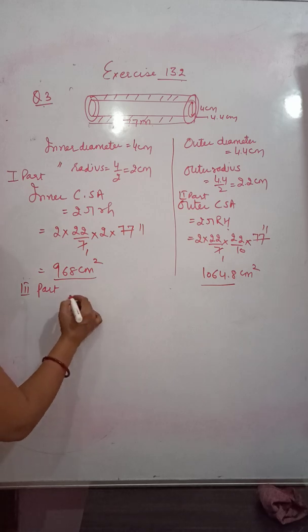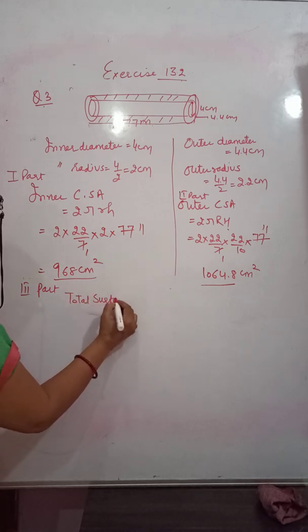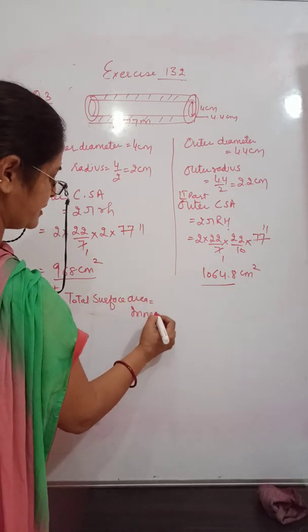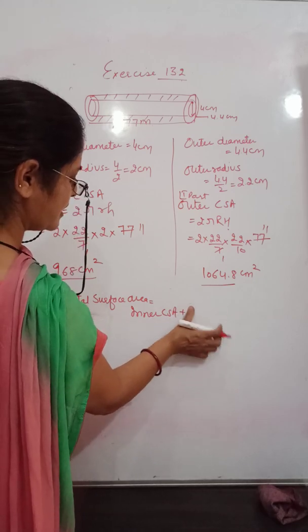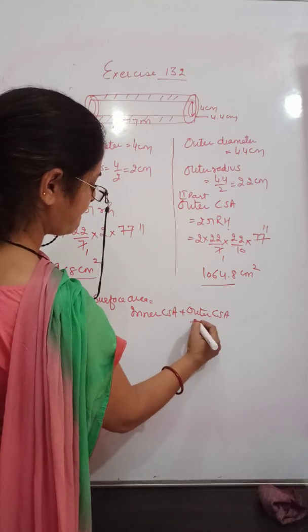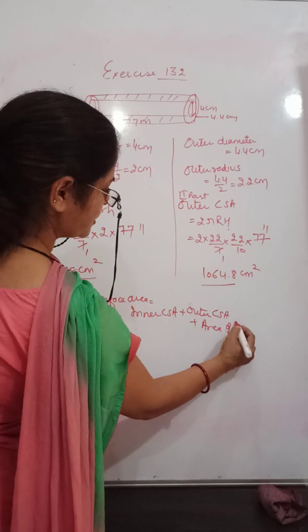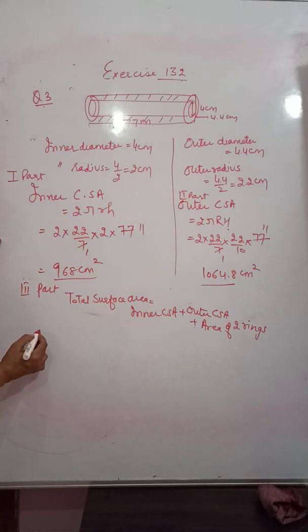This total surface area will be inner curved surface area plus outer curved surface area plus area of two rings. These rings will be of this shape.